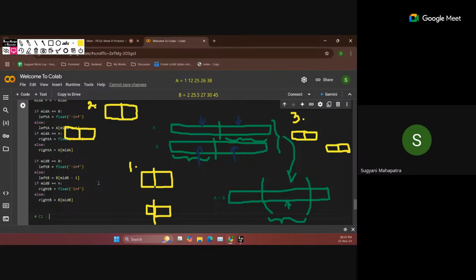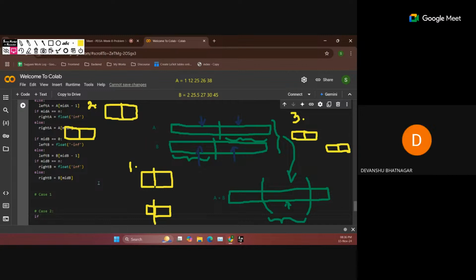So we'll discuss the case one a little bit later, and we'll discuss the case number two first. So how do we check if it lies in the case number two scenario? Can anybody suggest how to check whether it is in case number two or not?